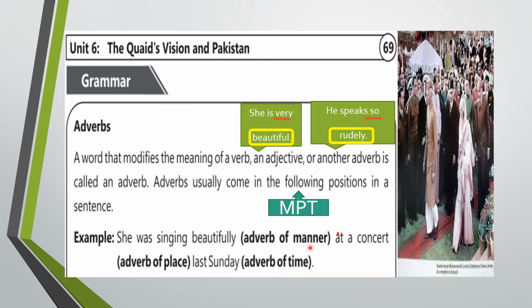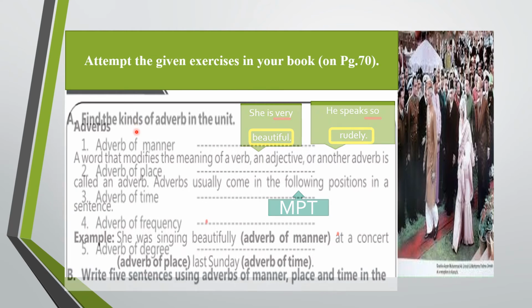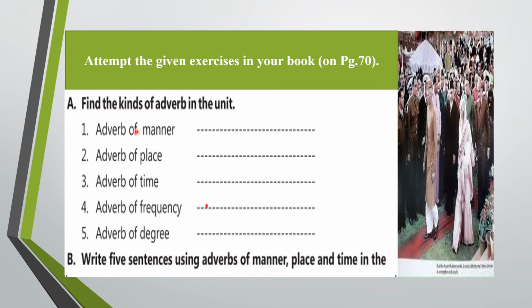Adverbs of manner come first, followed by adverbs of place and adverbs of time. Now students, I hope it would be clear to you now. There are two exercises given on page 70 relevant to this topic. Try to attempt those exercises.